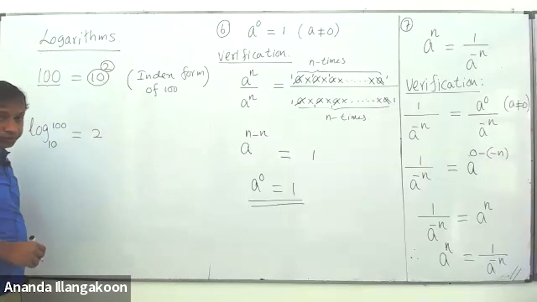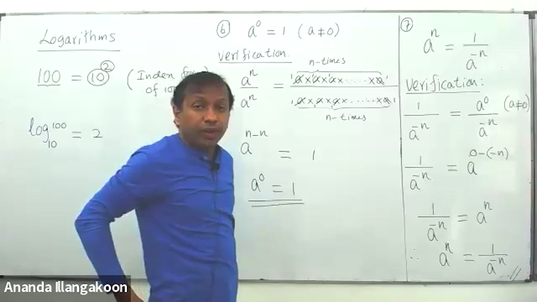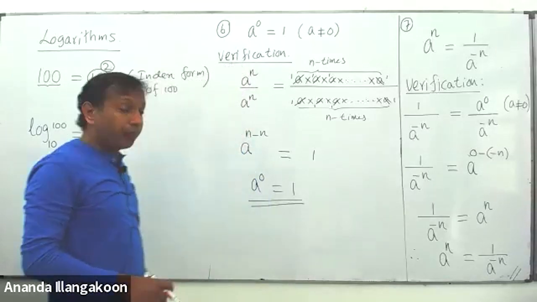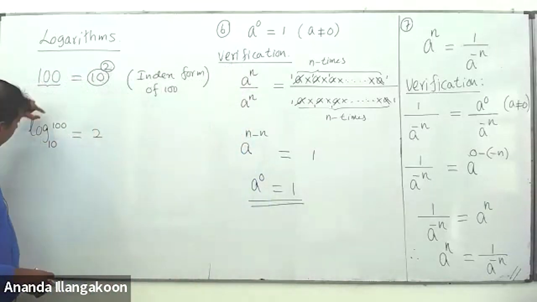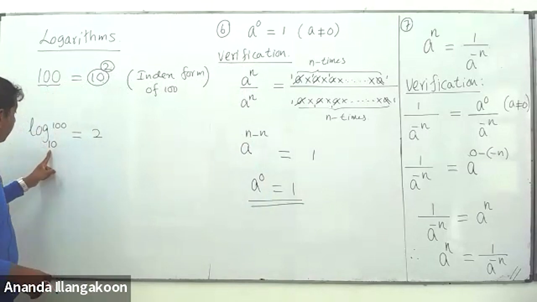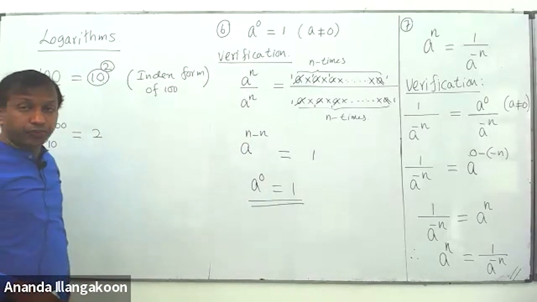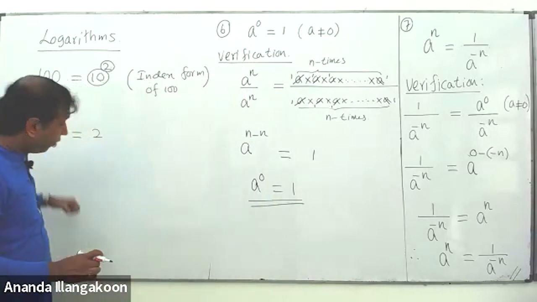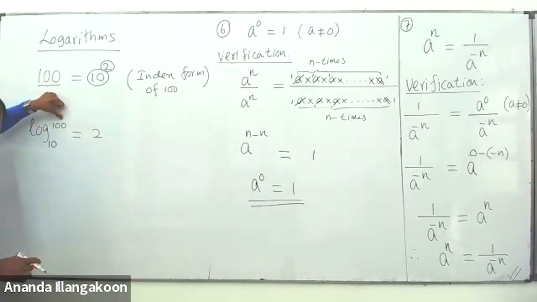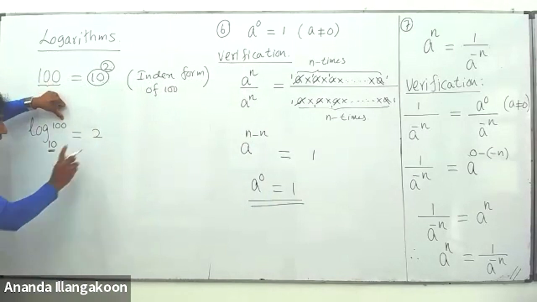Okay, this power. Then this is read as how? Logarithm of 100 to the base 10. Logarithm of 100 to the base 10 is equal to 2. What is the meaning? When you write this 100 as a power of this 10, the required power is 2.